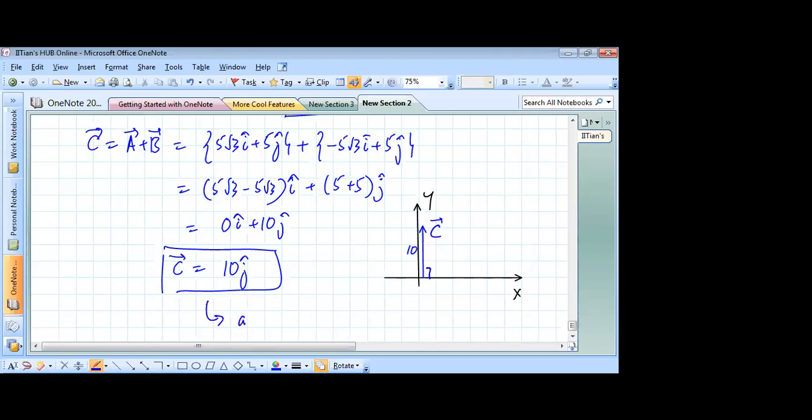Therefore, it is at 90 degrees with respect to the x-axis. That's my final answer.